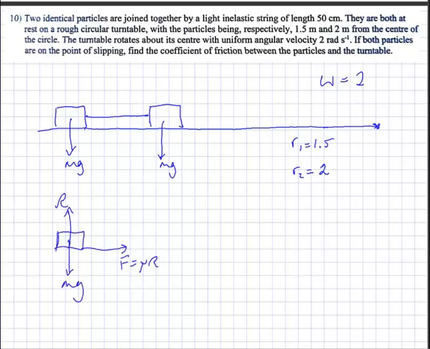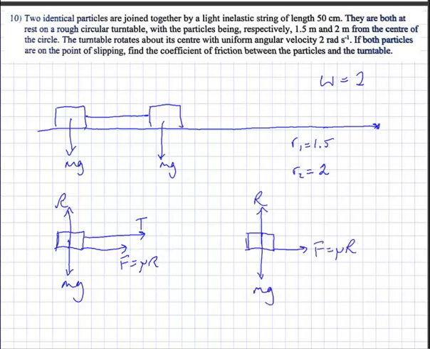For the first object, same as the previous questions, we've got our weight going down and our normal reaction in the opposite direction, and they will equal each other. Then we have the friction on the object, pulling towards the center of the circular motion to stop it from sliding off. But we have an additional thing here. We also have the string, and that therefore has a tension.